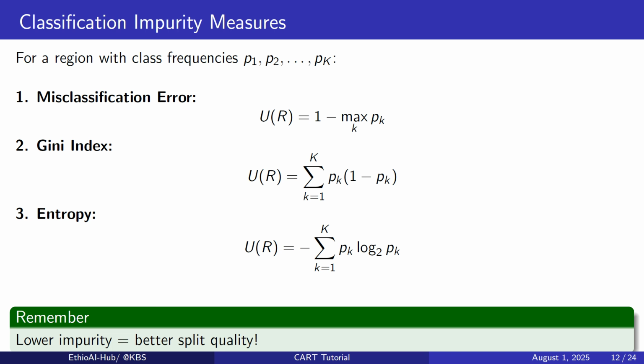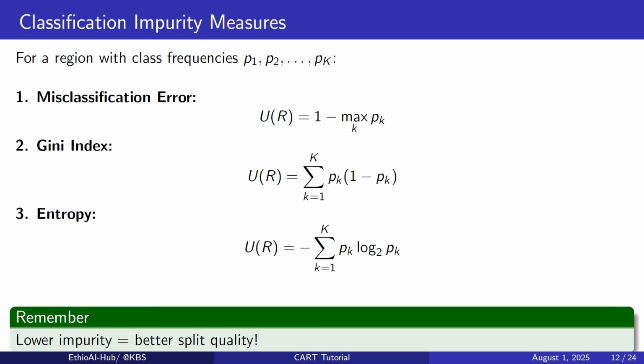The Gini index is basically a measure of the probability of misclassifying: if you take one random person from the group, it is the probability of that person being misclassified, right?